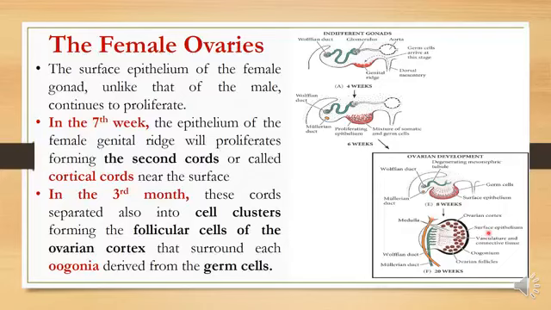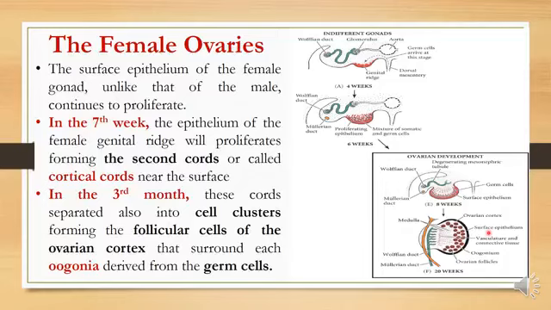The surface epithelium of the female gonad, unlike that of the male, continues to proliferate. In the male, the epithelium penetrates the mesenchyme and forms the primary cords, while in the female, this epithelium continues to proliferate.